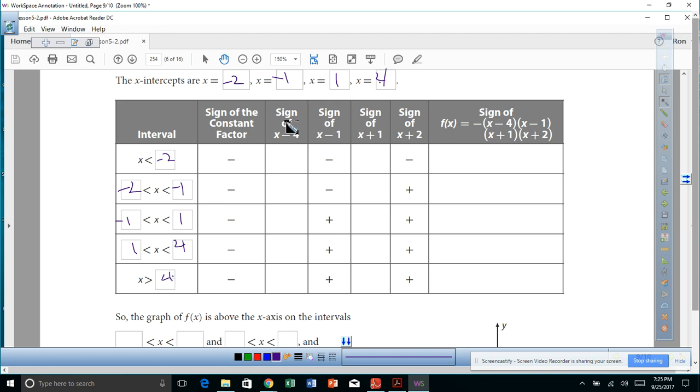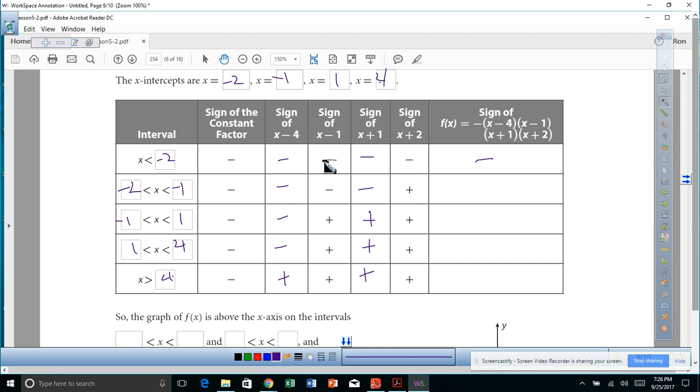All right. So the sign of x minus 4, that's going to be negative, negative, negative, negative, and positive. The sign of x plus 1, that's going to be negative, negative, positive, positive, positive. These are all negative, so that's going to make that negative.